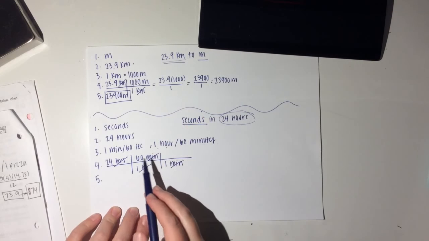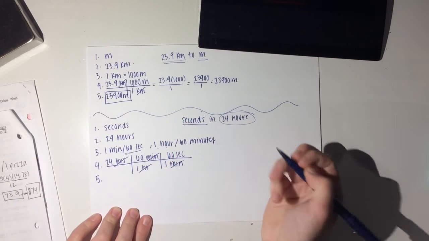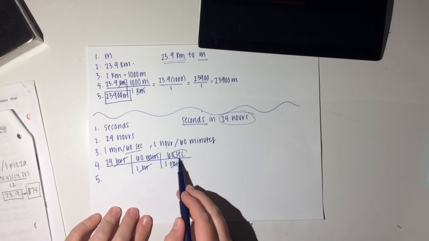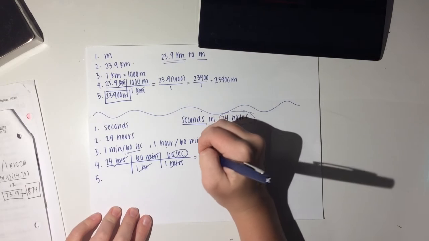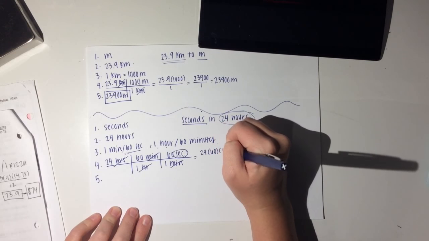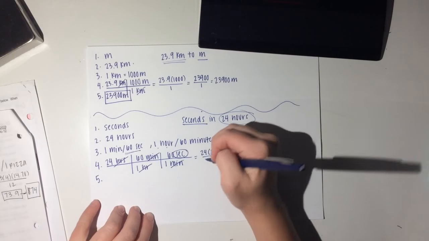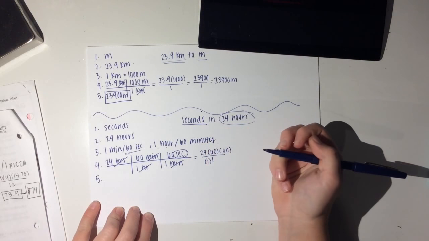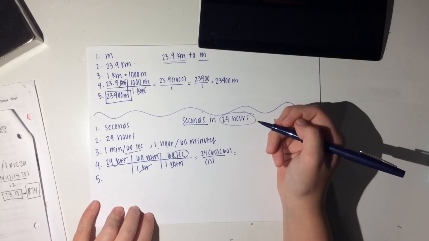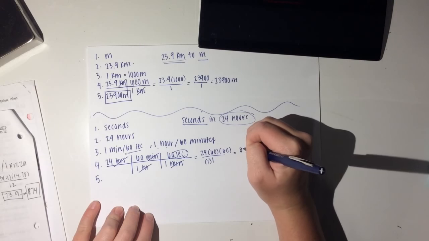Cancels out, and 1 minute equals 60 seconds. Okay, now we're finding our unknown variable right here. So now what we have to do is multiply 24 times 60 times 60 all over 1. Because 1 times 1 is 1.